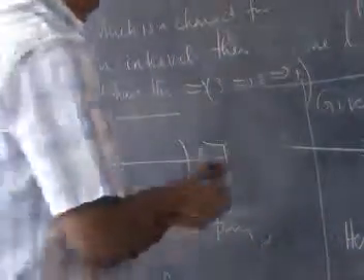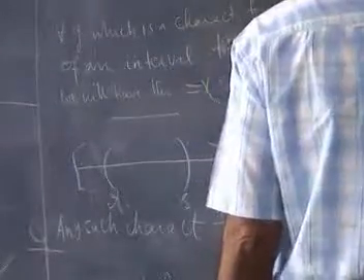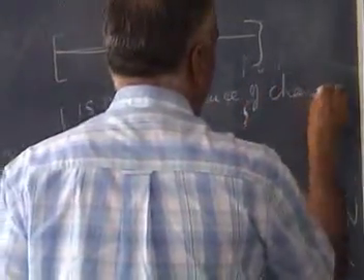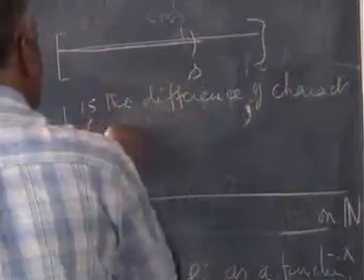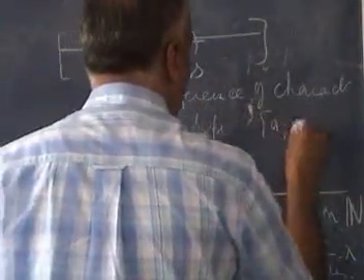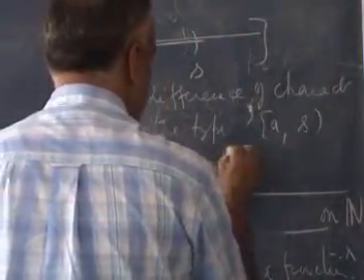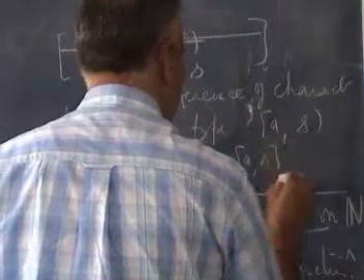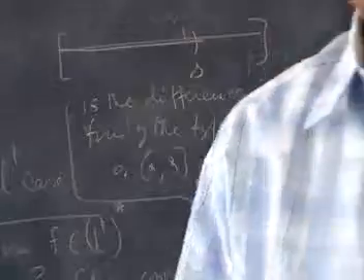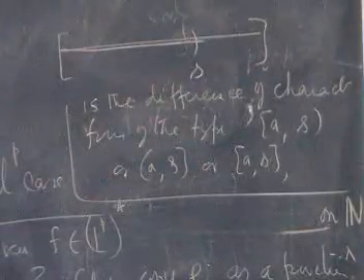is the difference of characteristic functions of the type A to something. We are not saying whether it is an open interval, but does it matter? They are all one point, which will be a set of measure 0, so it's irrelevant which interval you take. But anyway, generally.